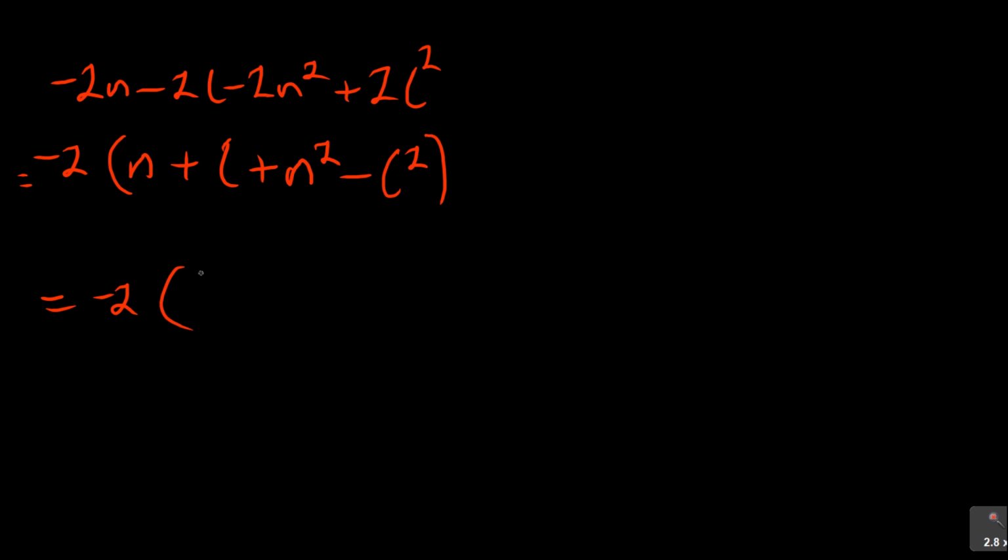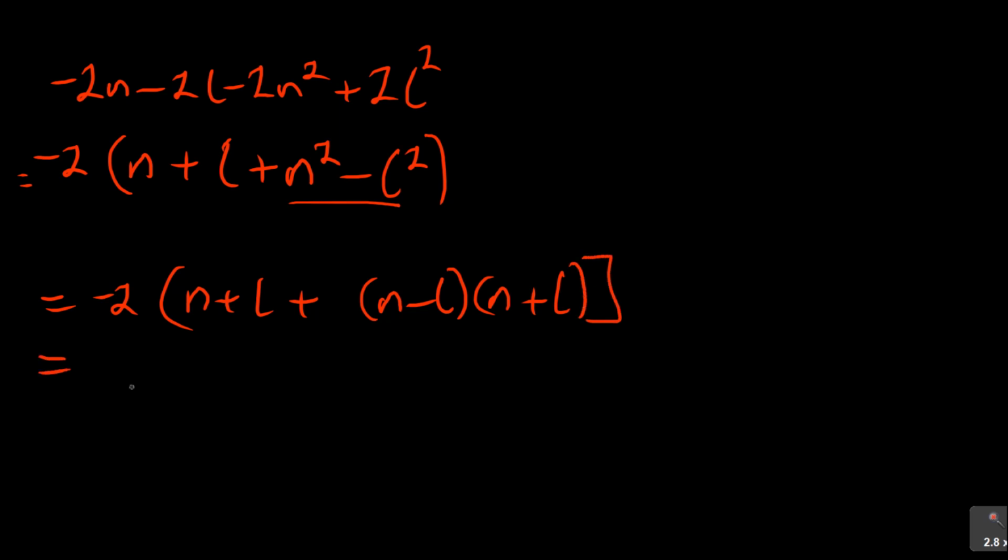What do you do from here? So look at this. This is the difference of 2 squares. You see that? So I've got n plus l bracket n minus l bracket n plus l. It's a difference of 2 squares. I don't know what they try to achieve here, but look at this.